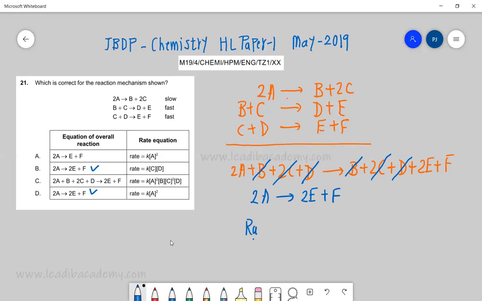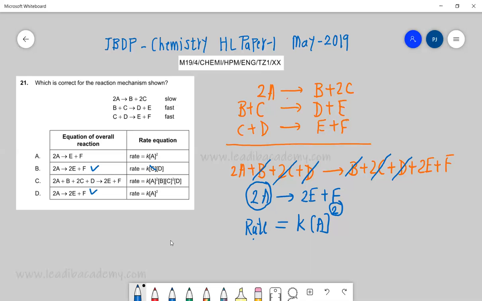Rate is equal to K, the rate constant, times whatever the reactants are. In this case the reactant is A, and the coefficient could be a square. Definitely C and D are not appearing, so those are out. It could be squared, because this is the order of reaction.